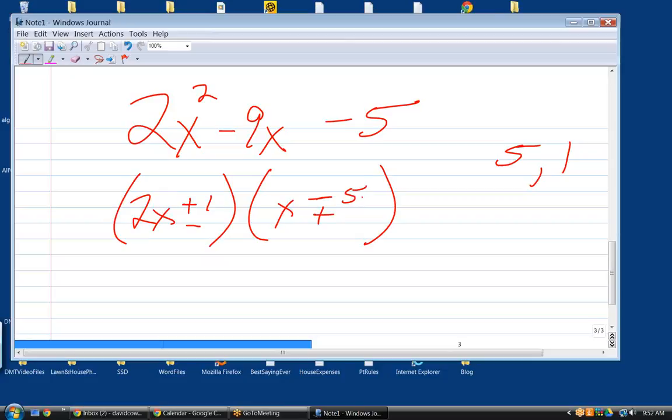That's my second choice. See if that works. I have 2 other choices. I can put the 5 there and the 1 there, or I can put the 1 there and the 5 there. So actually I have 4 equal choices to try.